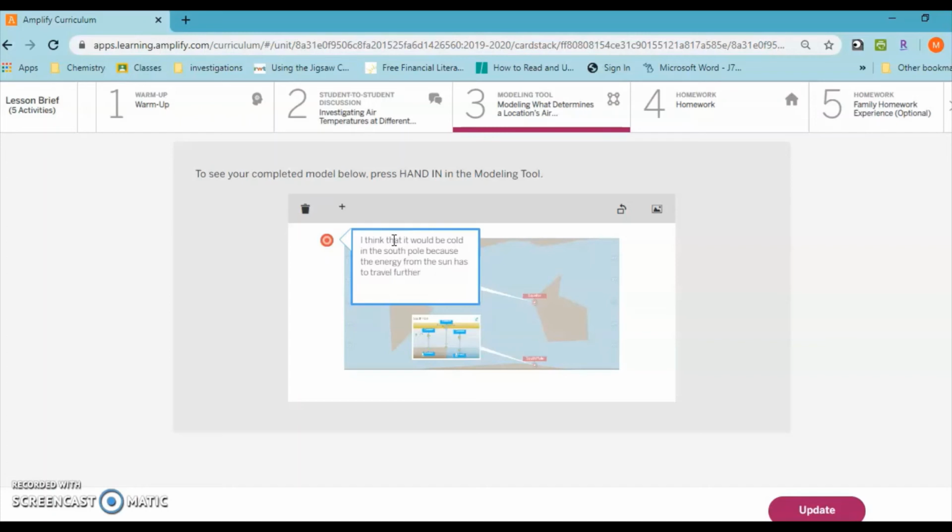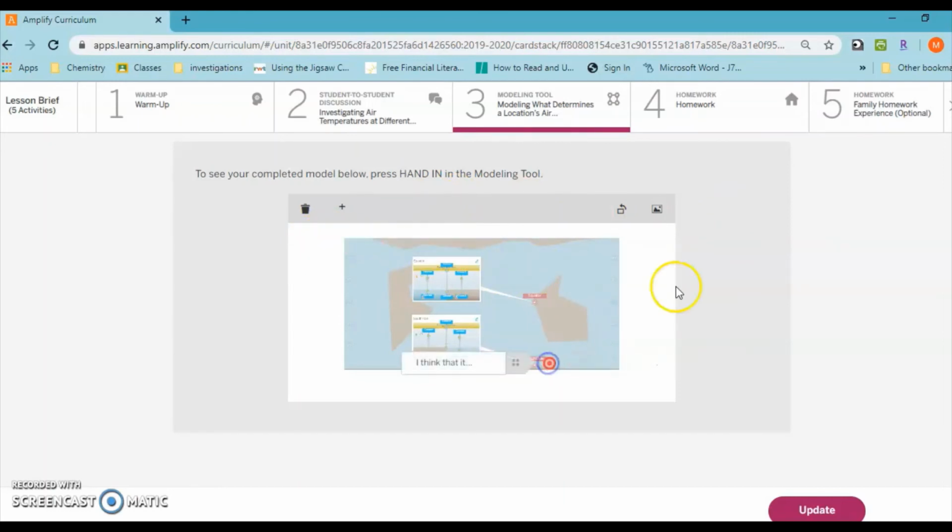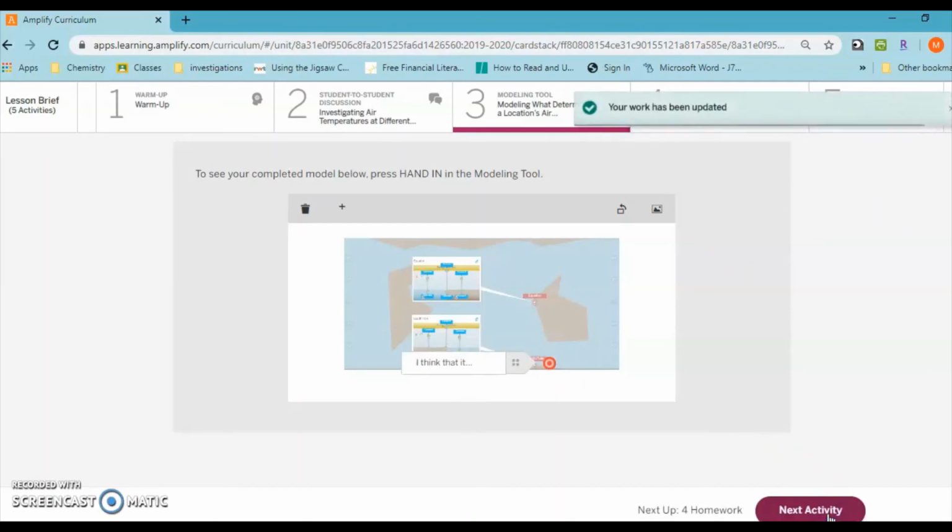And this could just be whatever you want. So I'm going to put this by my South Pole, and then we're going to hit update.